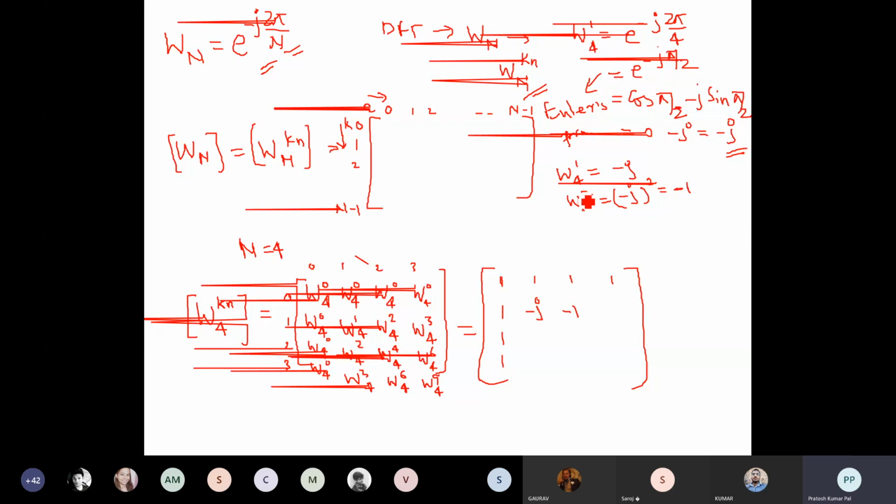Again W4 to the power 1 is equal to minus j. So similarly W4 to the power 3 will be equal to minus j to the power 3. What will be this?